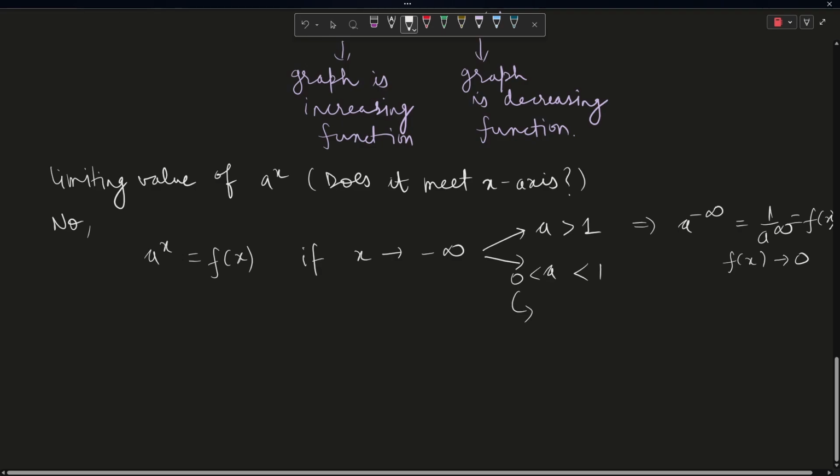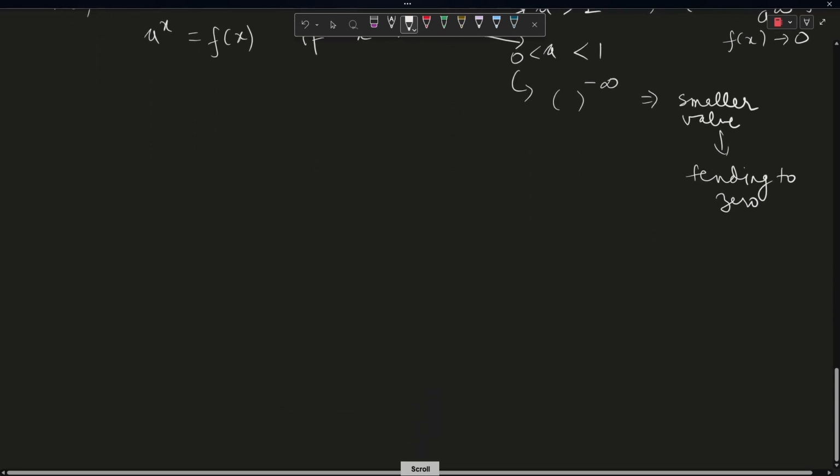Similarly, with this case, a to the power minus x, right? So a is between 0 and 1, that means it is a fractional value. And any fractional value to the power minus infinity will result in a very small value, a value which is tending to 0, but it never becomes 0.